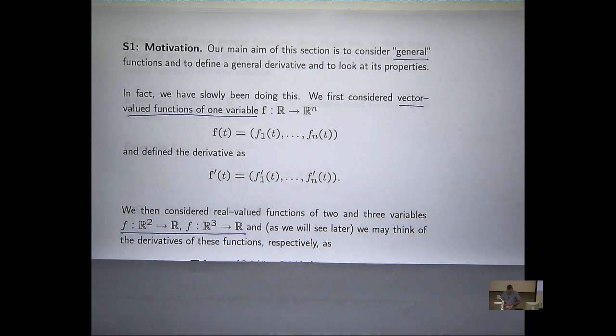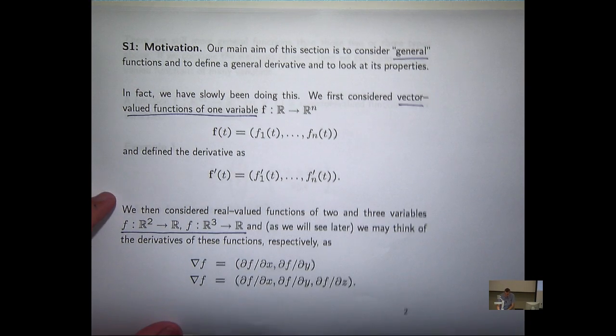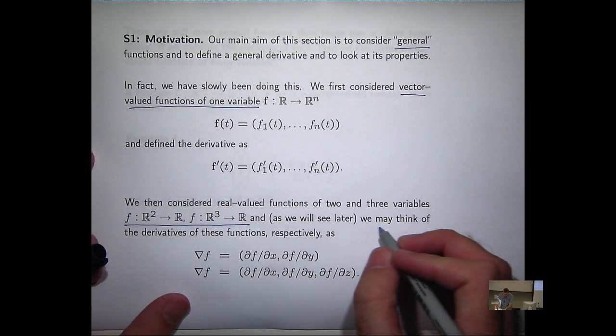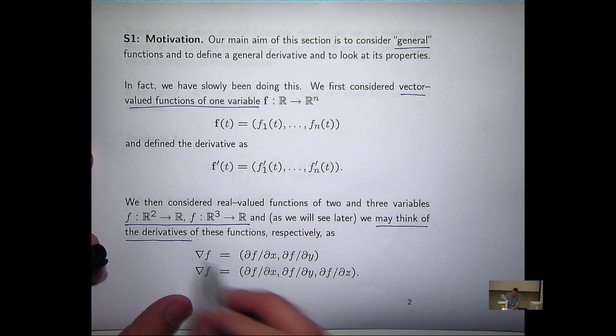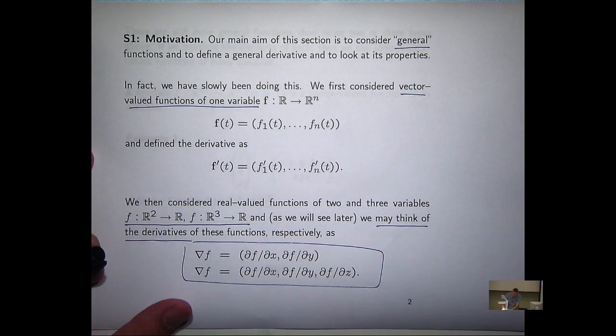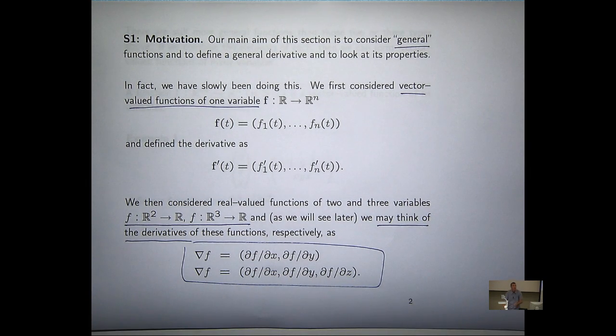Now, as we'll see a little later, you can think of the derivative as the gradient. It's a bit more complicated than that, but for these functions, in this section, you can think of a derivative of a function as the gradient of that function. Okay?